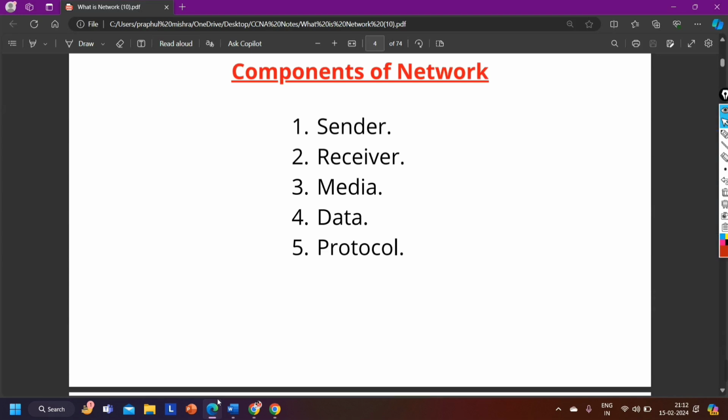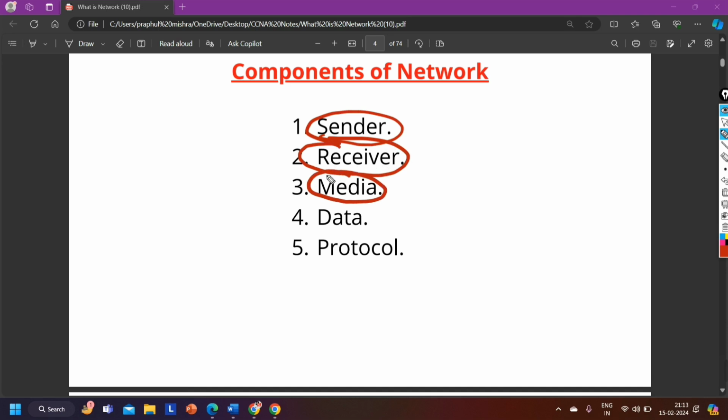Next thing is components of network. Components of network means, you can say, requirement of network. What are the things required to design a simple network? So in a simple network, guys, there should be one sender device. Sender device means the device who is going to send the data, correct? There should be one receiver, the device who is going to receive the data.